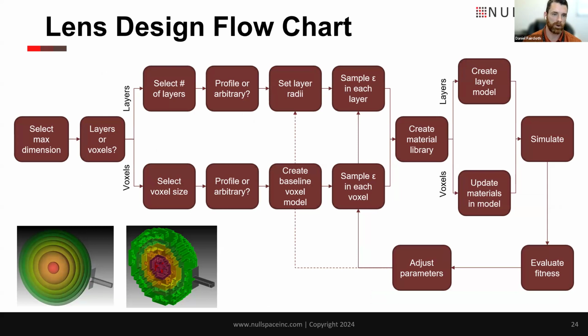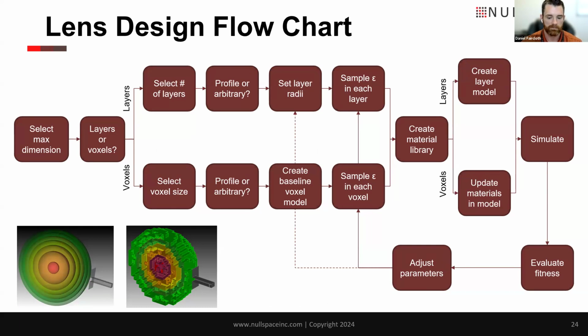So how is this done in practice? This is kind of an overview of the workflow to perform a lens design. So one of the most important things that we would start off with is, we select the maximum dimensions, the bounding box, the workspace, if you will, for how we're going to create that lens.